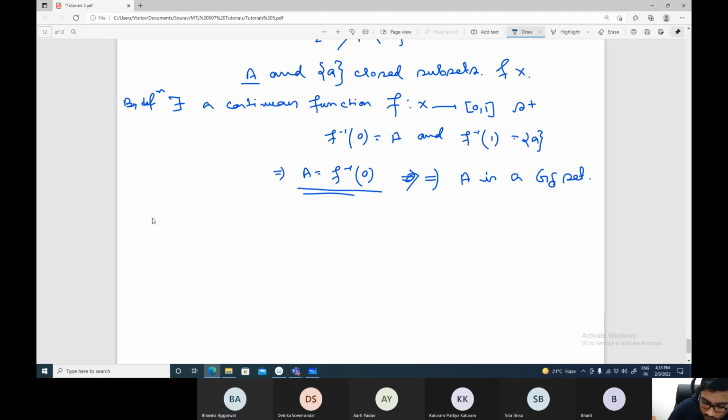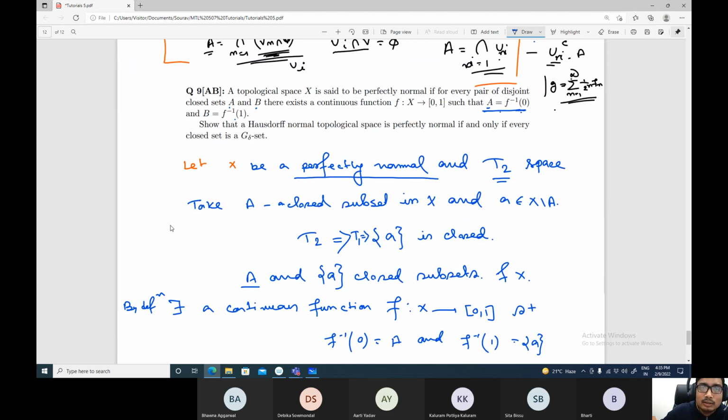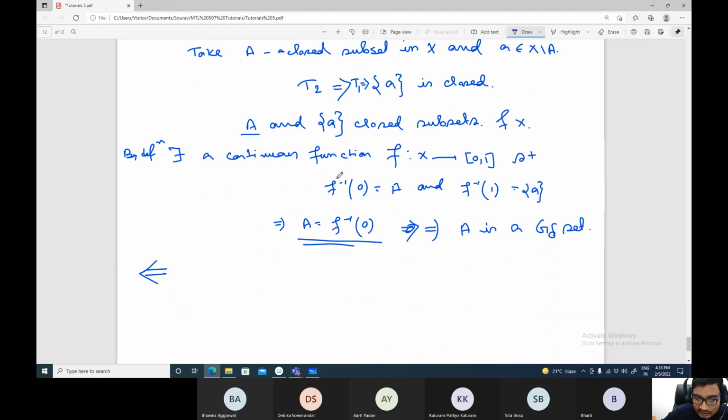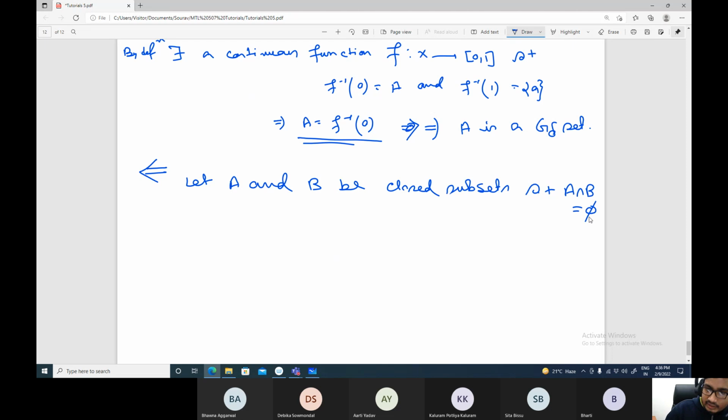Okay. Let's prove the reverse one. This is easy. We assume every closed set is a G delta set, and we will use the second argument of the last problem. Now let A and B be closed subsets such that A intersection B is empty, right?